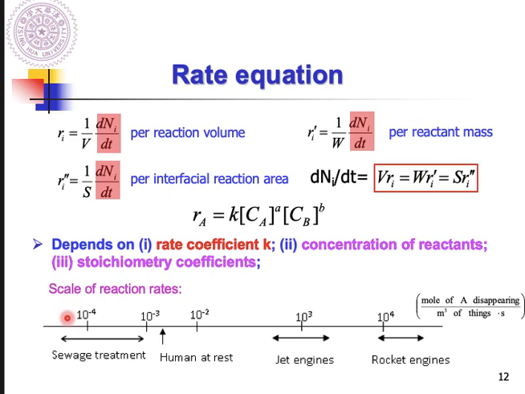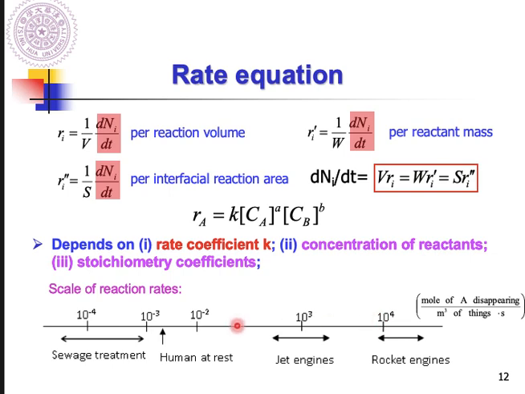So the slowest one is 10 to the minus 4, which is sewage treatment. That means you have a company which deals with wastewater. You convert the wastewater to general water, so we call it sewage treatment. And the human at rest is in between 10 to the minus 2 to 10 to the minus 3. But the jet engine or rocket engine reaction rate is very fast, 10 to the 3 to 10 to the 4.